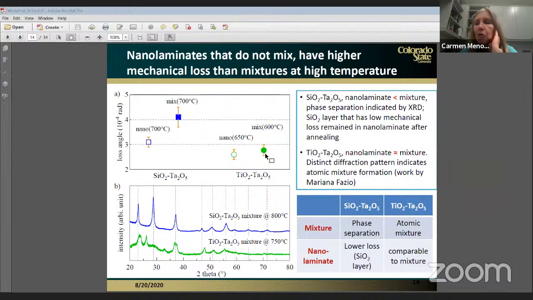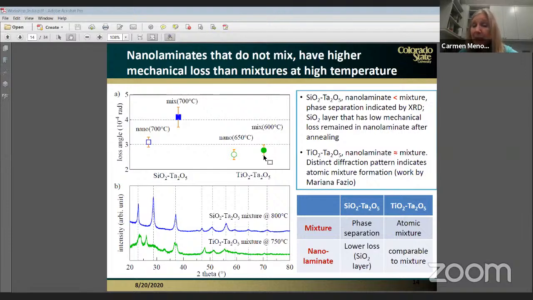Now, why do we want to grow all of these different structures? It is because there are theories that try to explain the reduction of mechanical loss in ways that look at affecting the near range, the nearest neighbors structures in the coatings.